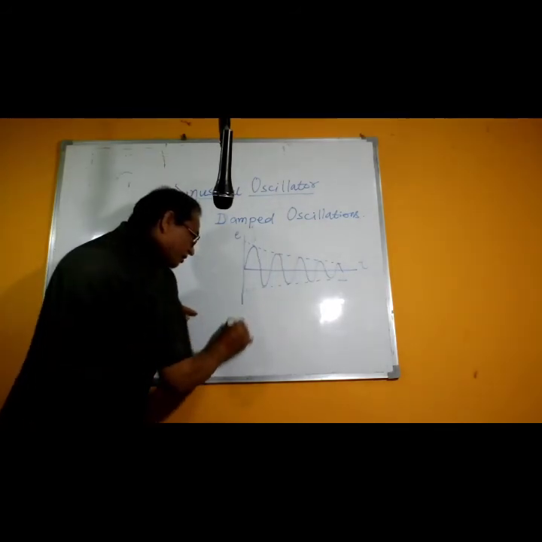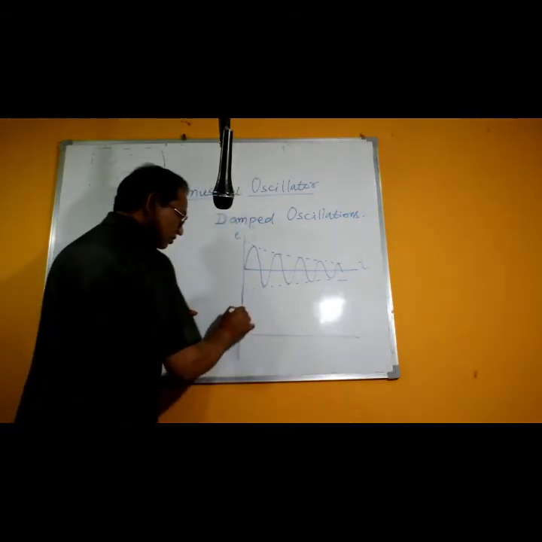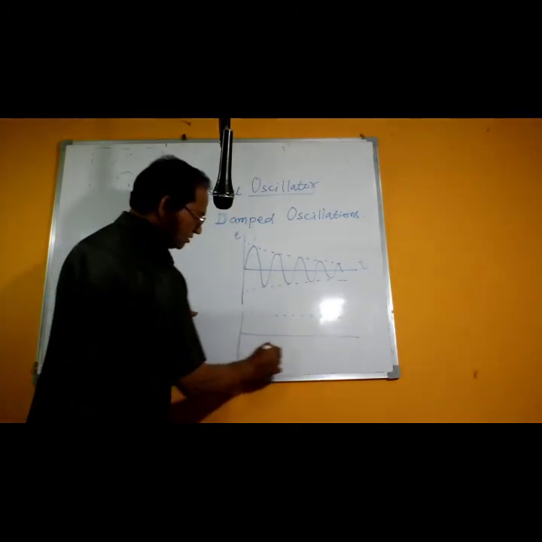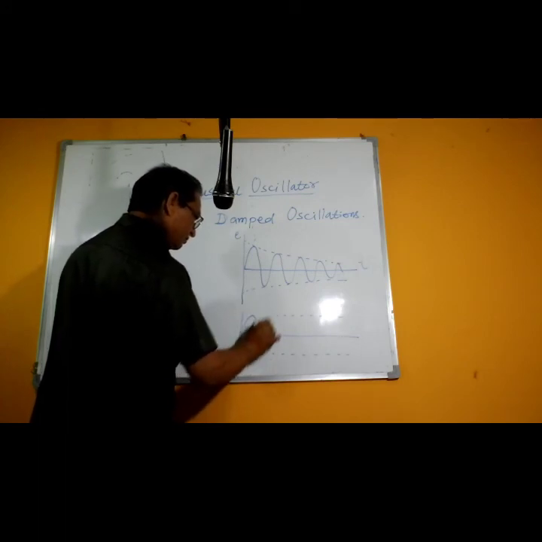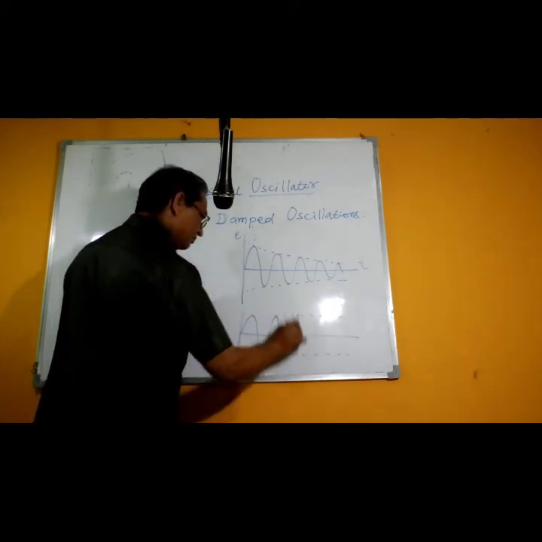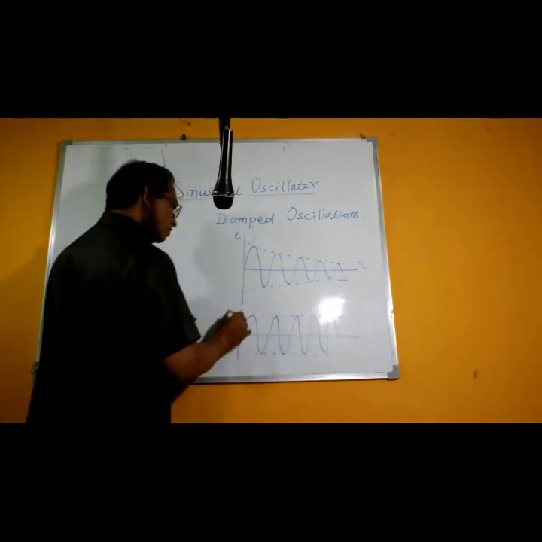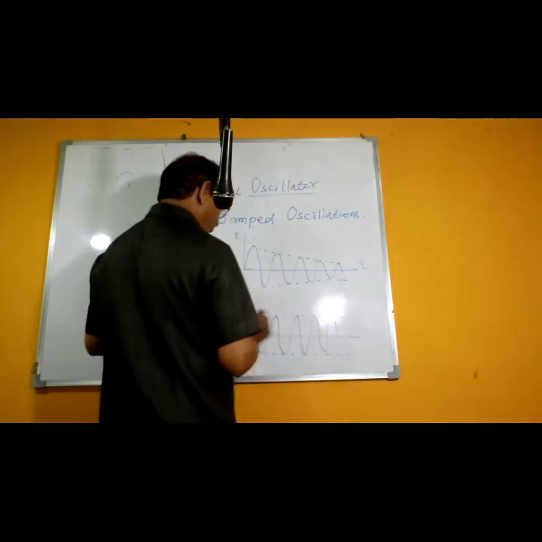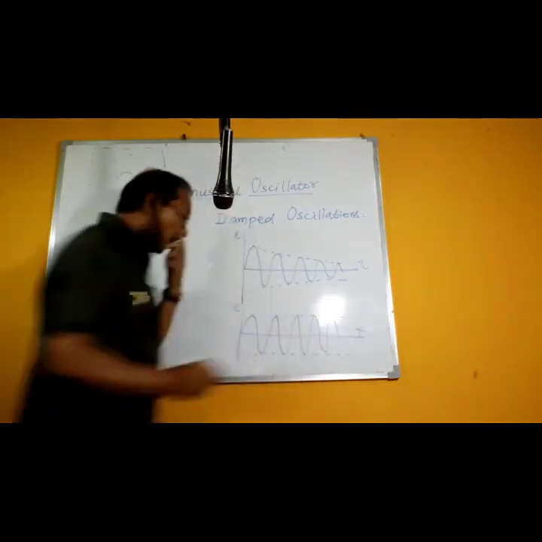On the other hand, the second type is the undamped oscillations. We will find oscillations with constant amplitude. Here also we plot the waveform of amplitude versus time.